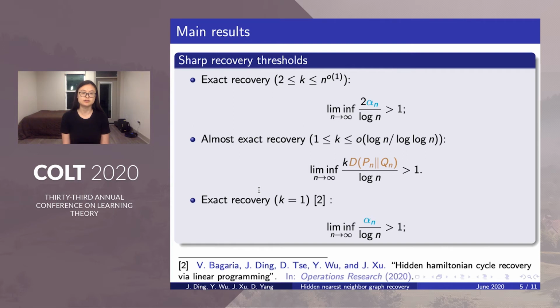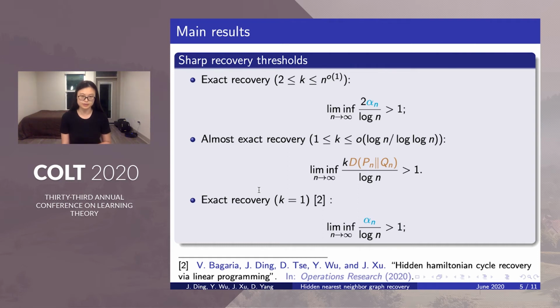Also, in an earlier paper by my co-authors and their co-authors, they showed that in the case k equals 1, this is the sharp threshold for exact recovery. And if you compare this threshold with our results here, you'll see that from k equals 1 to k equals 2, there's this decrease in the difficulty of exact recovery.